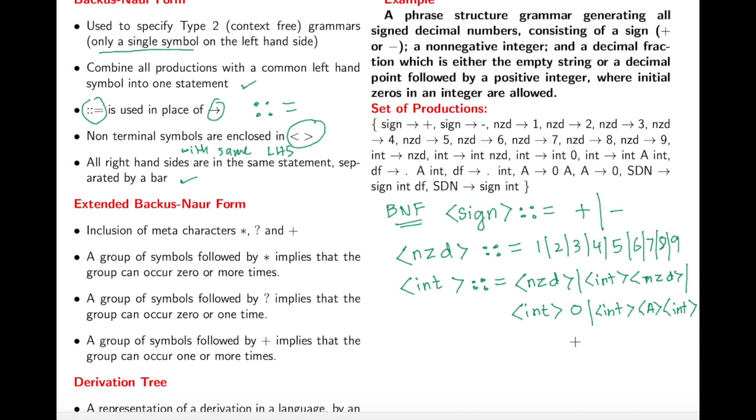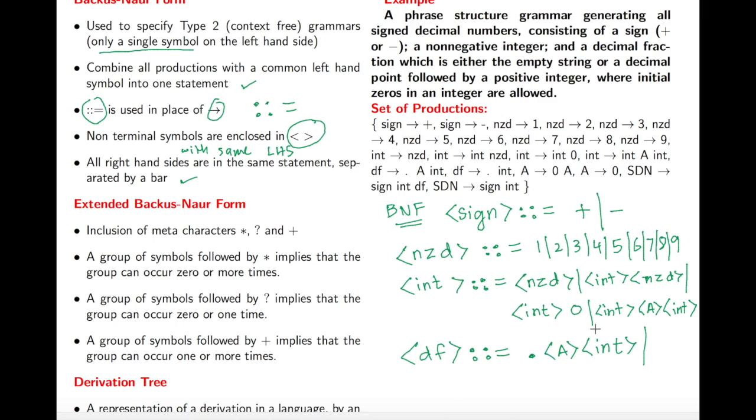Let's go now with decimal fraction, which was again non-terminal. I can say decimal point, a, and integer. Decimal point was terminal, a is non-terminal, and integer is non-terminal.